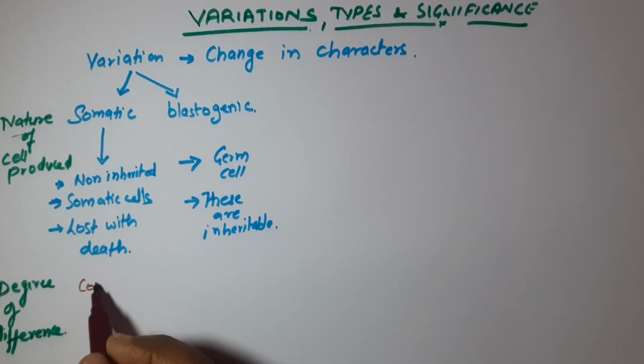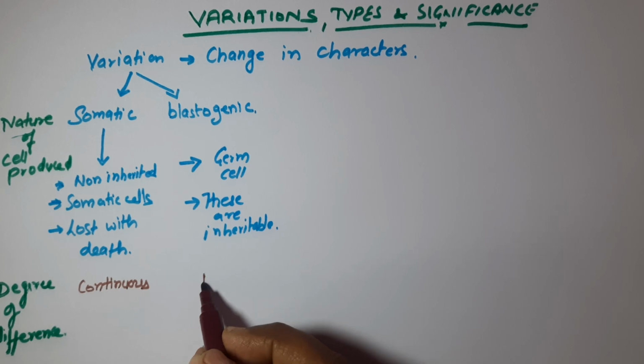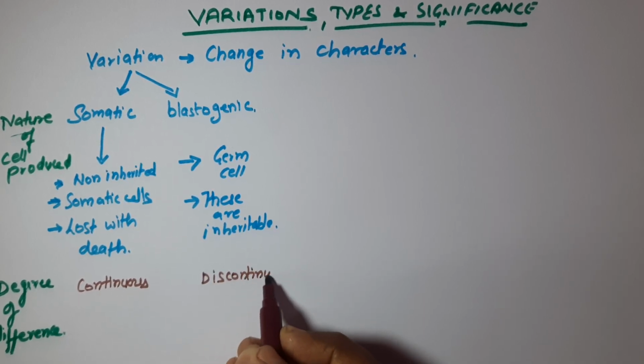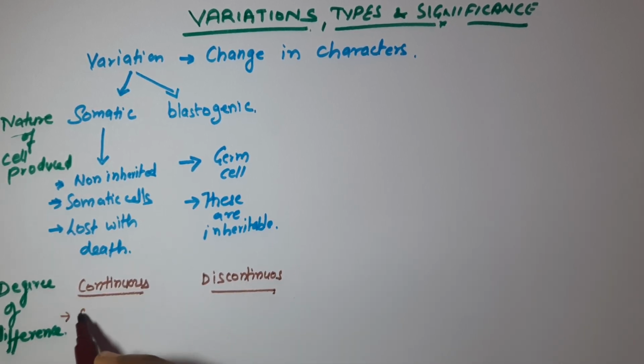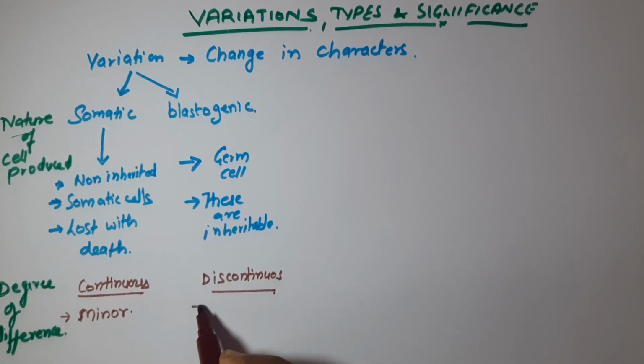First is continuous, and the other one is discontinuous. Continuous variations are like minor changes, whereas the discontinuous variations are the major ones.